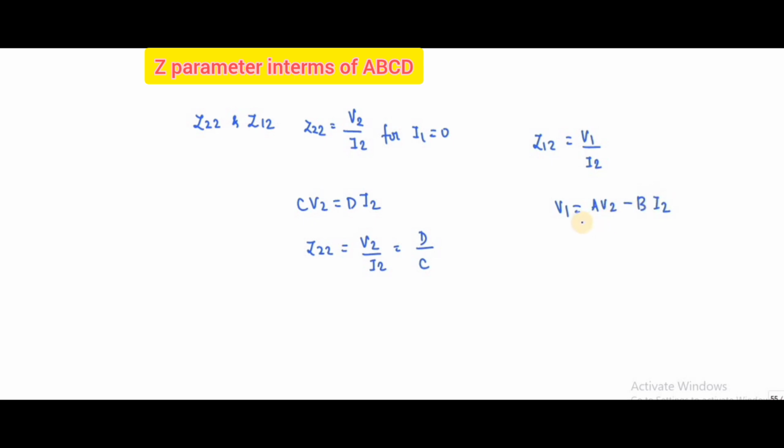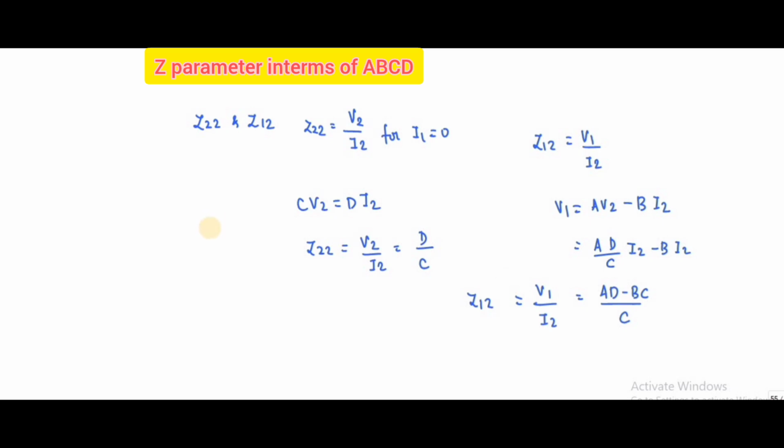So A into D by C I2 minus BI2. So V1 by I2 is equal to AD minus BC divided by C. So Z12 is equal to AD minus BC divided by C.